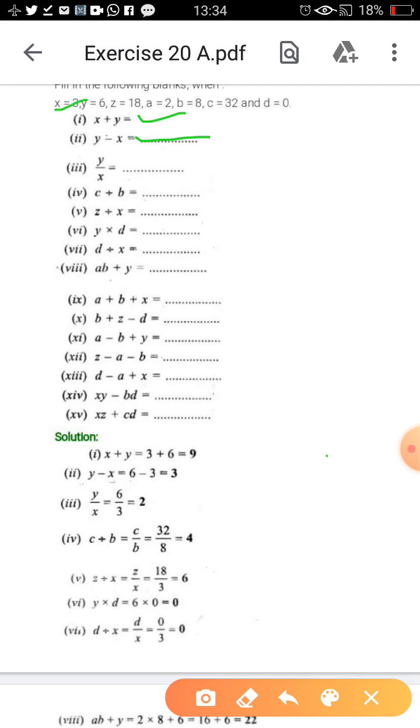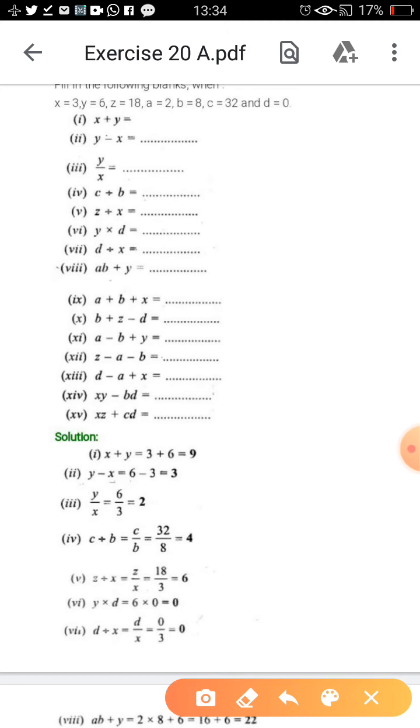X value is given 3 and y value is given 6. So we have to put these values here in the answer. I have put the x value 3 and y value 6. So 3 plus 6 is equal to 9.